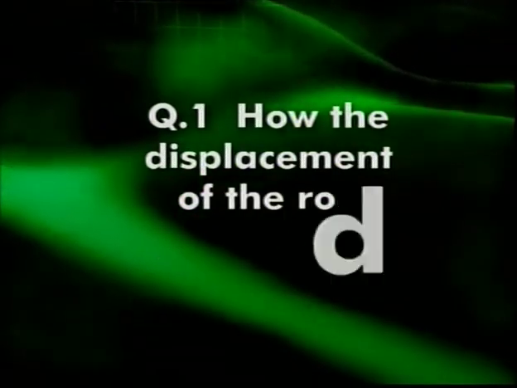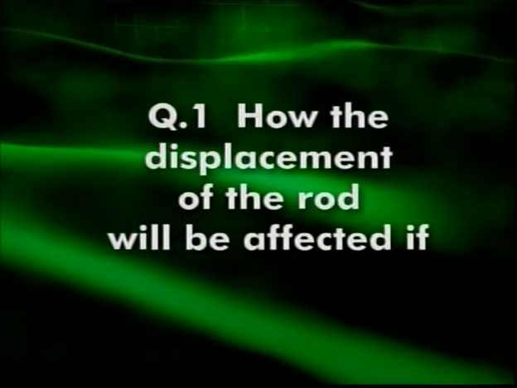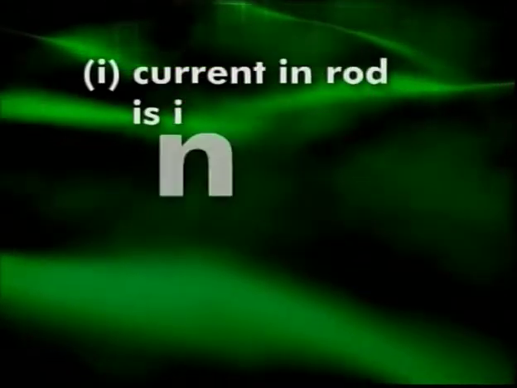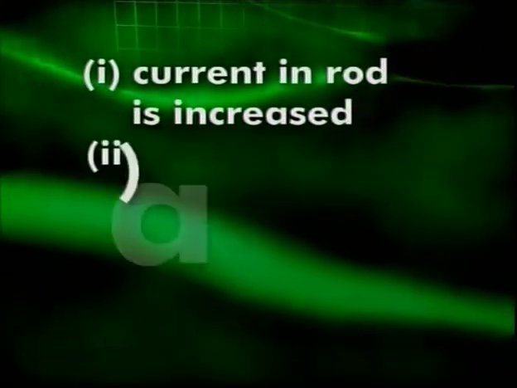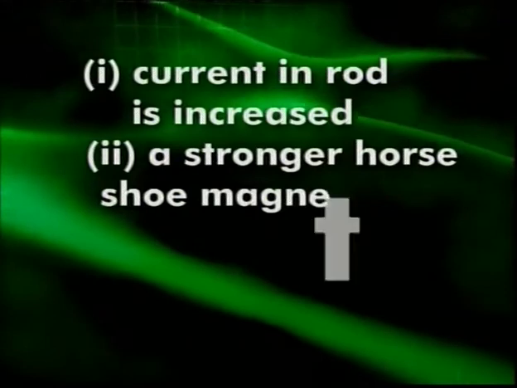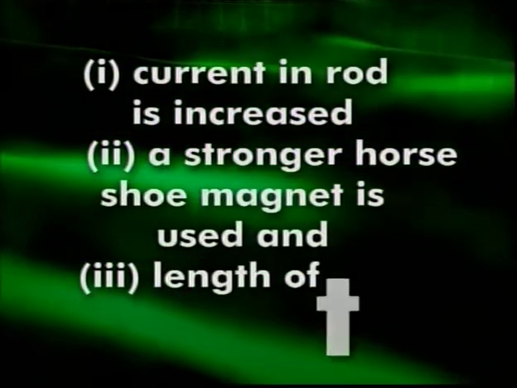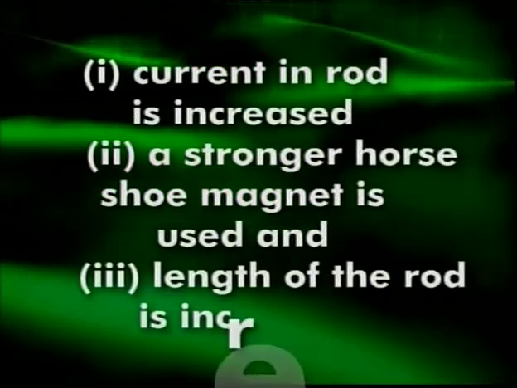How will the displacement of the rod be affected if first, current in the rod is increased; second, a stronger horseshoe magnet is used; and third, the length of the rod is increased?